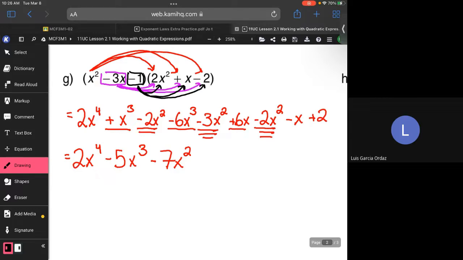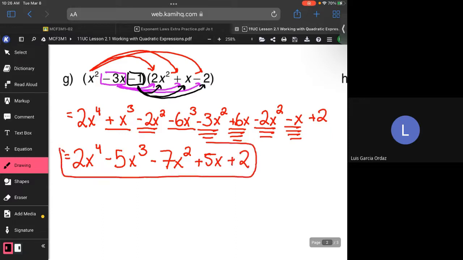So what's 6x minus x? Plus 5x. And then +2 is by itself. I don't know why I was confused, because I get +6x minus x.